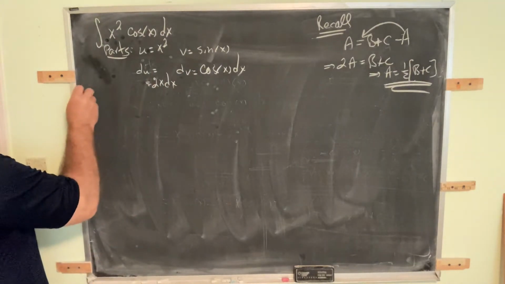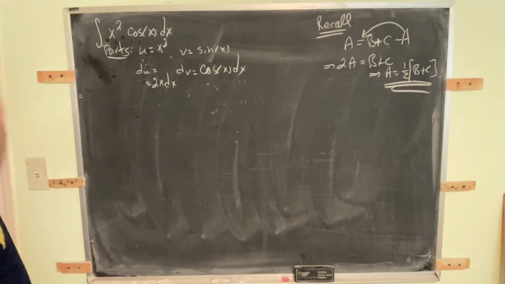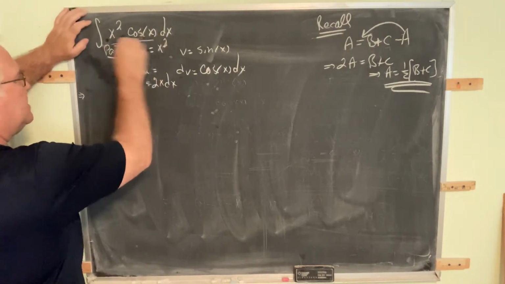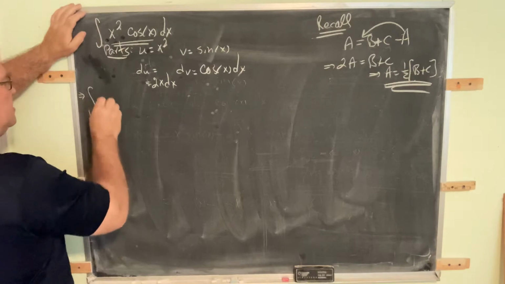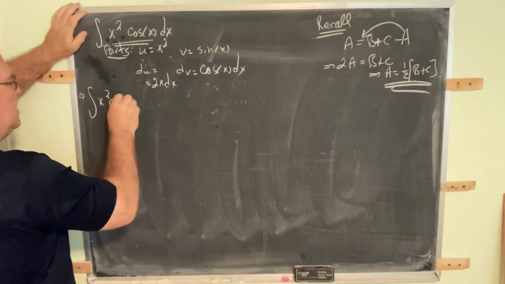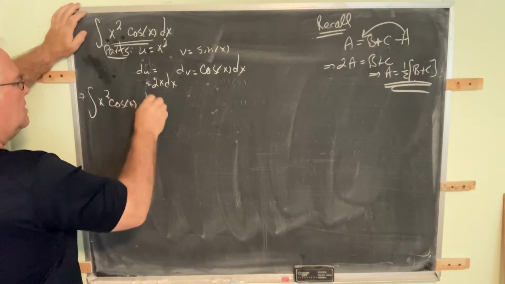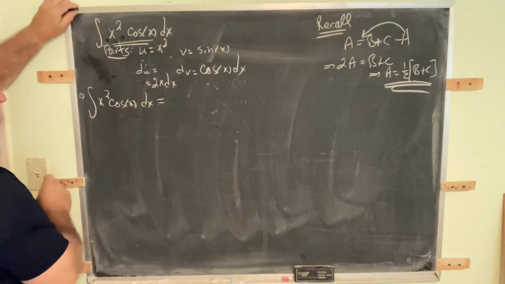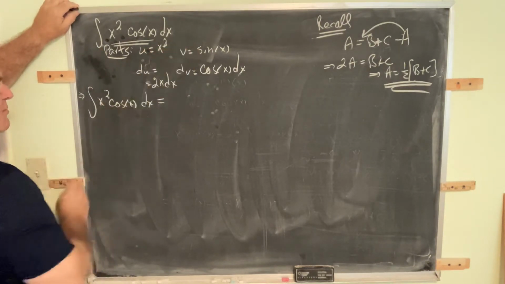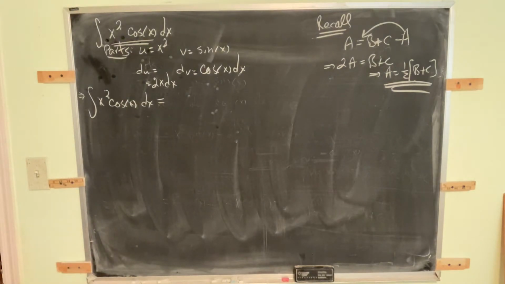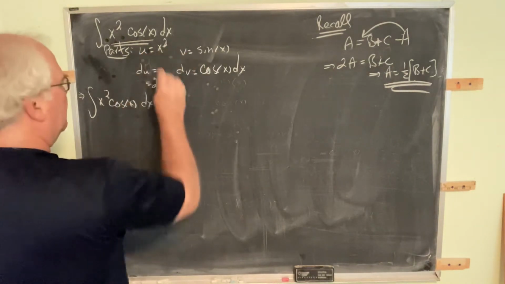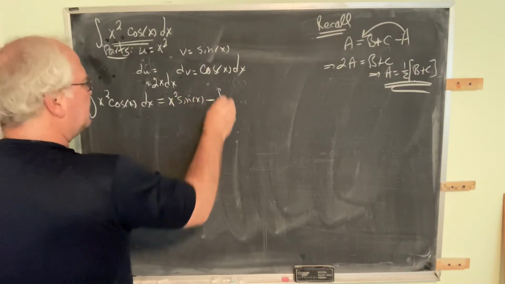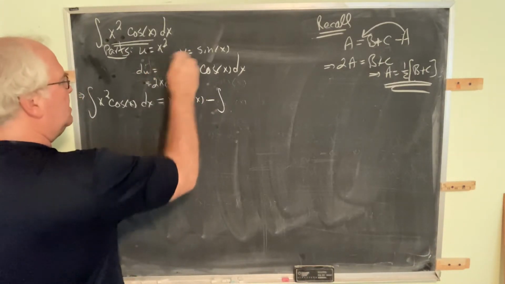And what I'm going to do here, which I have not been doing before, is write the left-hand side, the original expression, first, and say, what is this equal to? This is the original integral we're asked to compute. And I'm going to throw in here uv minus the integral of v du. So uv, multiply these two, minus the integral of v du.